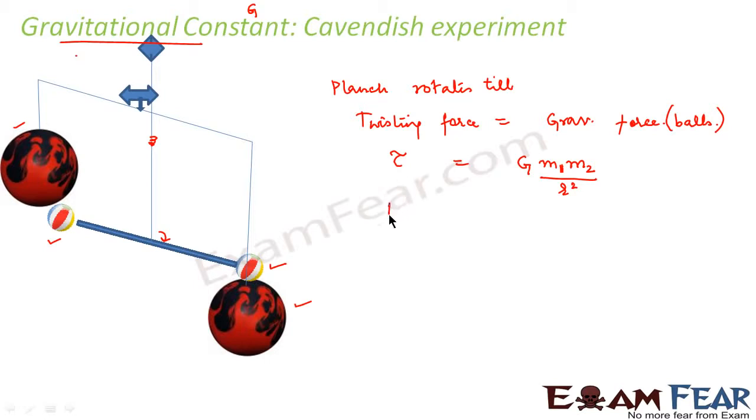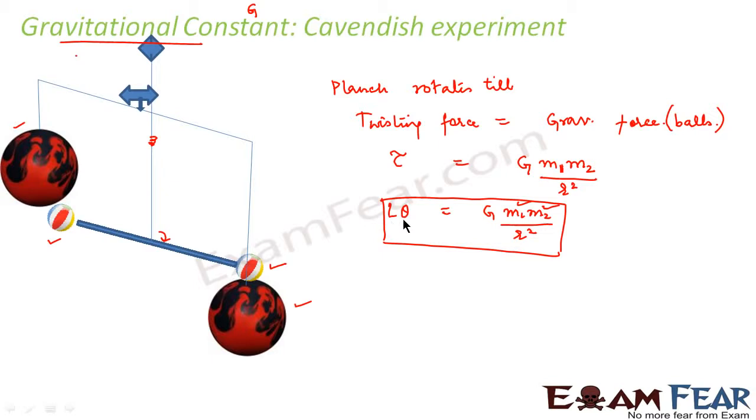Now what is torque? Torque is nothing but L into theta, which is equal to G m1 m2 by r square. So using this expression he calculated the value of G. Because he knew the masses of the two balls, and he also knew the distance between them because he arranged the balls near each other. He also knew the angle through which it got rotated because he measured that angle, and he also knew the angular momentum.